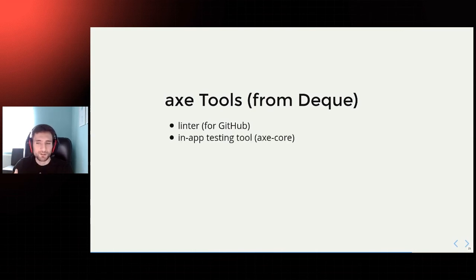There is an in-app testing tool that you can run alongside your app, and it would highlight the violations that you might have while you are using your app. Cypress extension, similar thing. So when you write Cypress tests, they would fail if there is some accessibility violation. It would tell you what it is about, why it's failing.